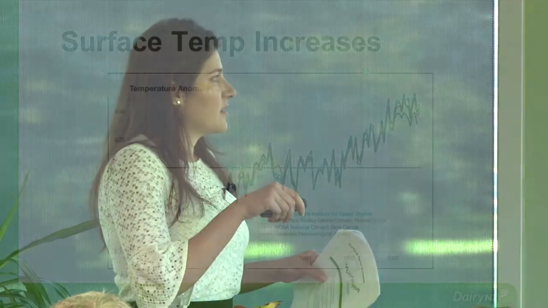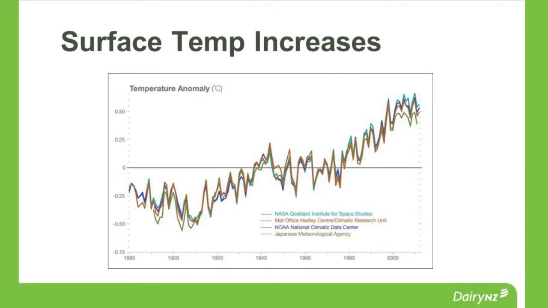In 2017, that's the third consecutive year, we've hit 1 degree warmer than the average in the late 19th century. And scientists have also agreed that if concentrations of CO2 reach 450 parts per million, we can expect to see a temperature increase that will get to 2 degrees Celsius.